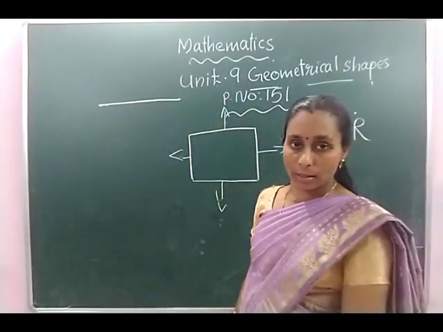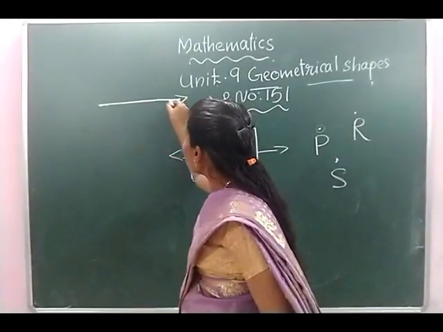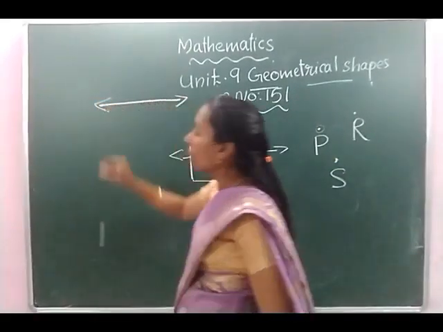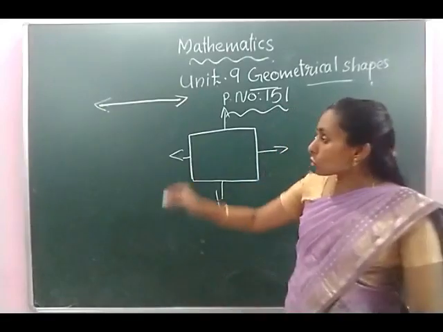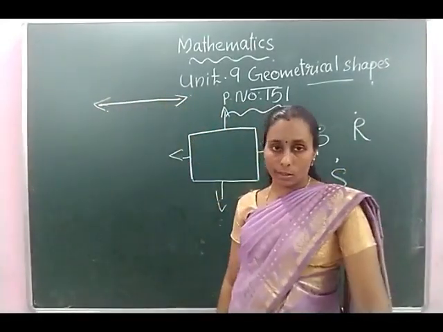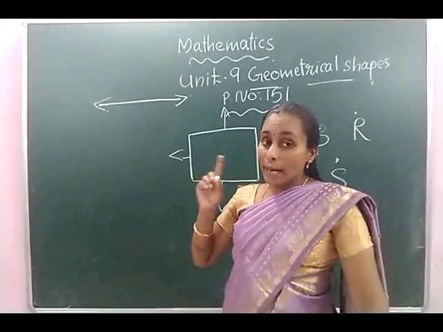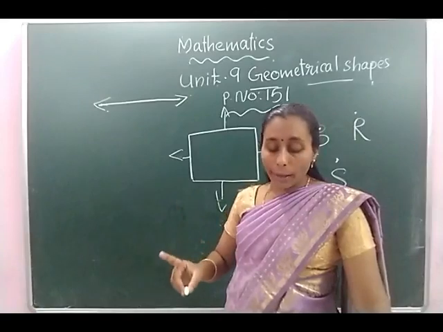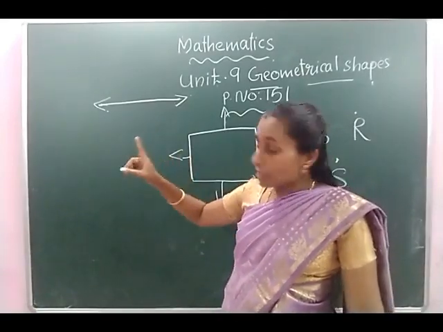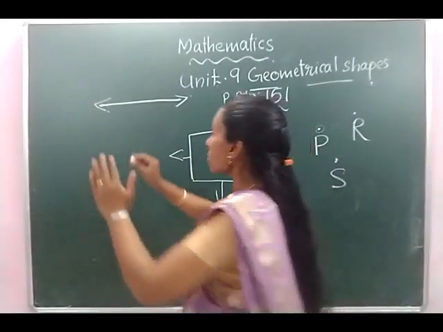It is infinite in both directions, so we use arrowheads in both directions. What is called a line?